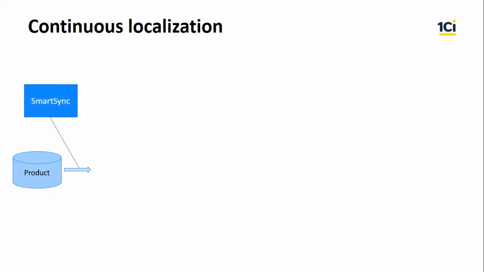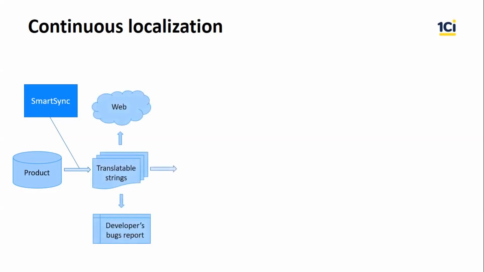So we've developed a tool called SmartSync. The tool parses the application and gets the strings to translate. It also validates the code and generates a report containing information about bugs in the application.